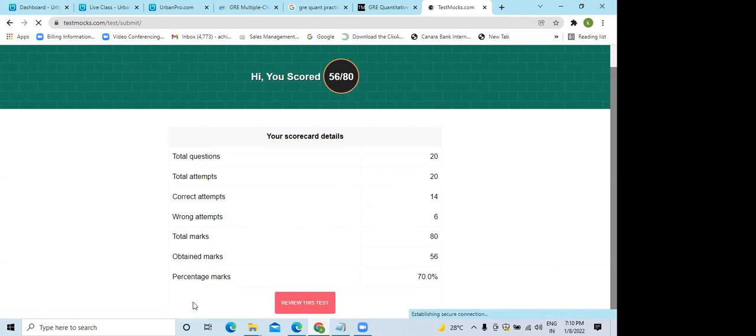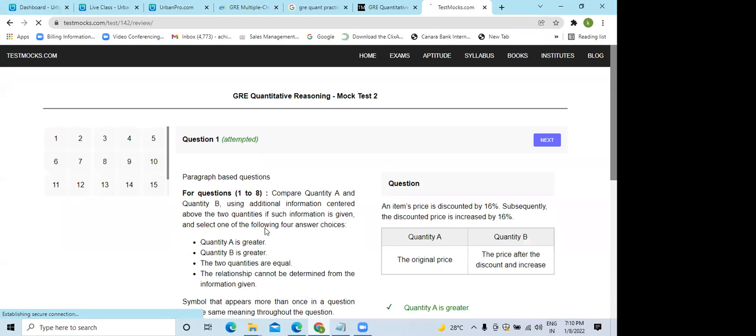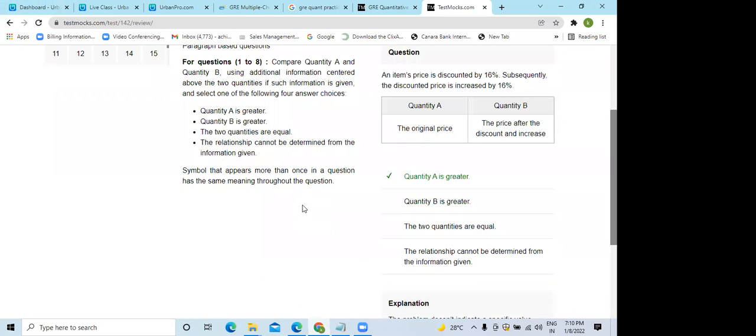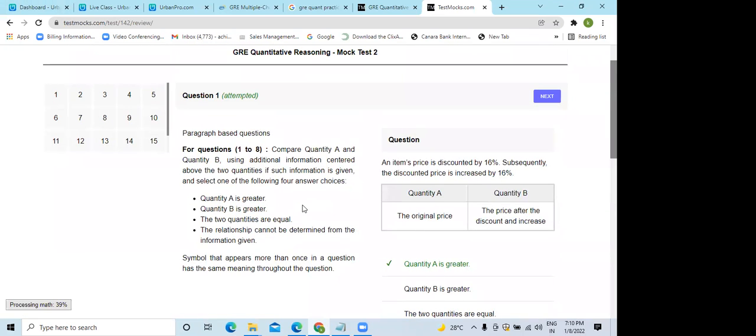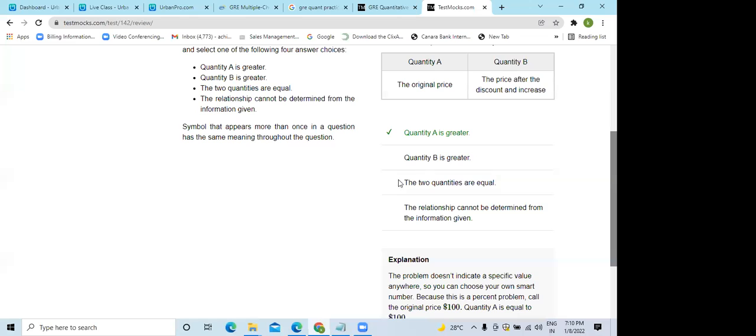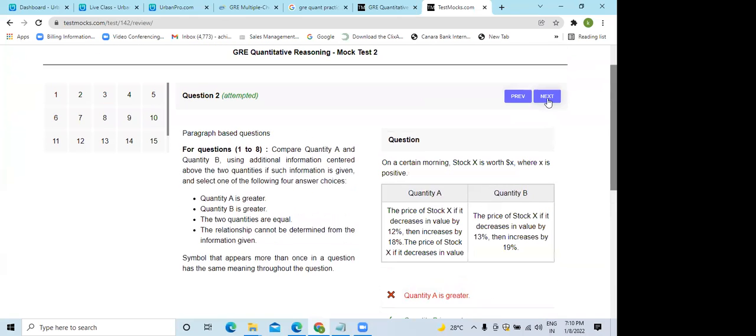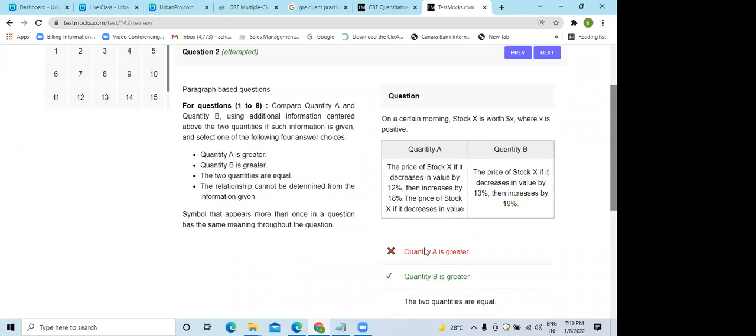So let's review and see why this is happening and what are the areas that you are not comfortable with. Okay, the item is discussed. In percentages, you are quite good because you're able to get them right. But here again in percentages, you seem to have difficulty in these types of questions, the increase and decrease.